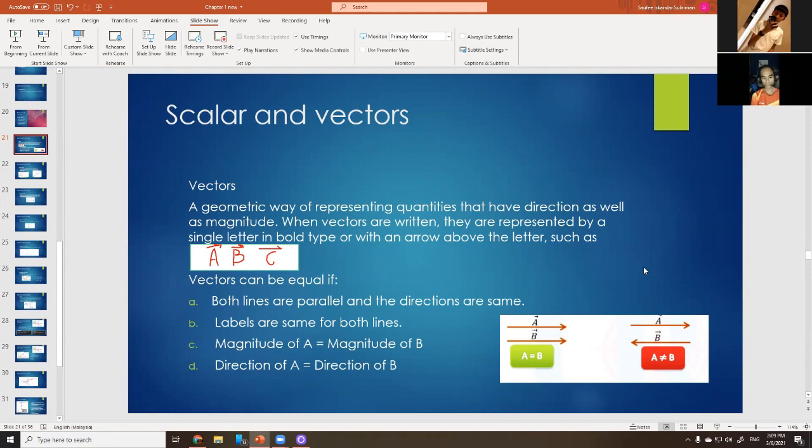The labels are the same for both lines, magnitude of A equals magnitude of B, and direction of A equals direction of B. So there are four things you have to consider to say whether they are equal or not. In the diagram, A and B are equal, and on the right side, A and B are not equal, although they have the same magnitude, because they have different directions.